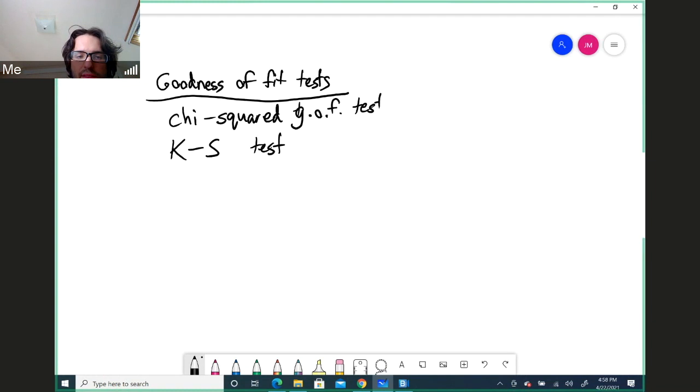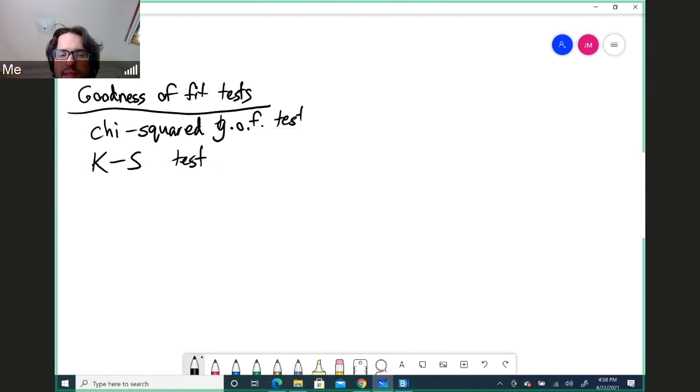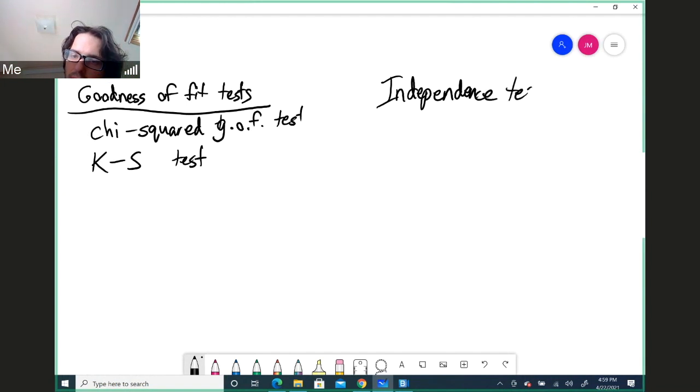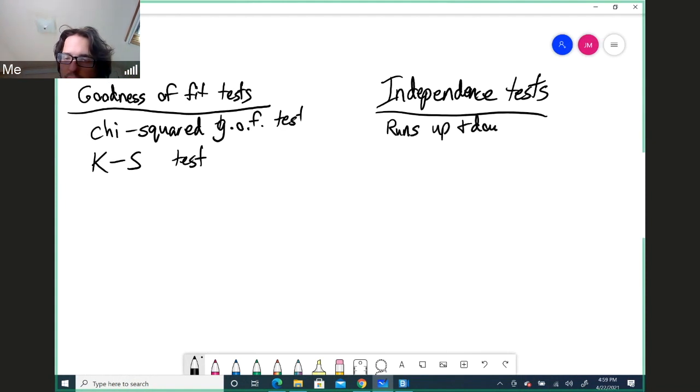And the other thing that we also studied in that same unit was the independence tests. So we have independence tests. And for that, we have the runs up and down. And we also have the runs above, or is it called runs above and below the mean, I think?